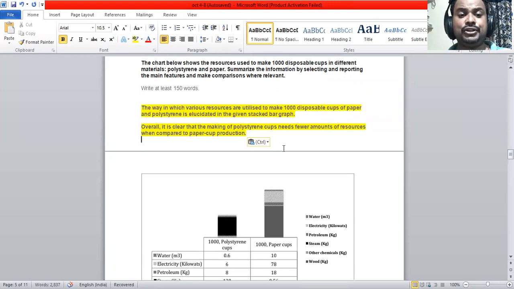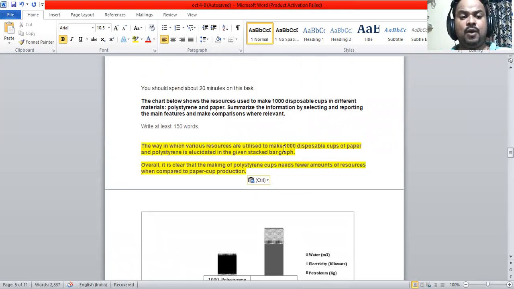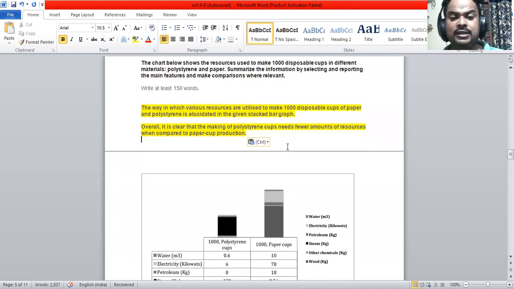Let's see the introduction and the overview. The way in which various resources are utilized to make 1,000 disposable cups of paper and polystyrene is elucidated in the given stacked bar graph.